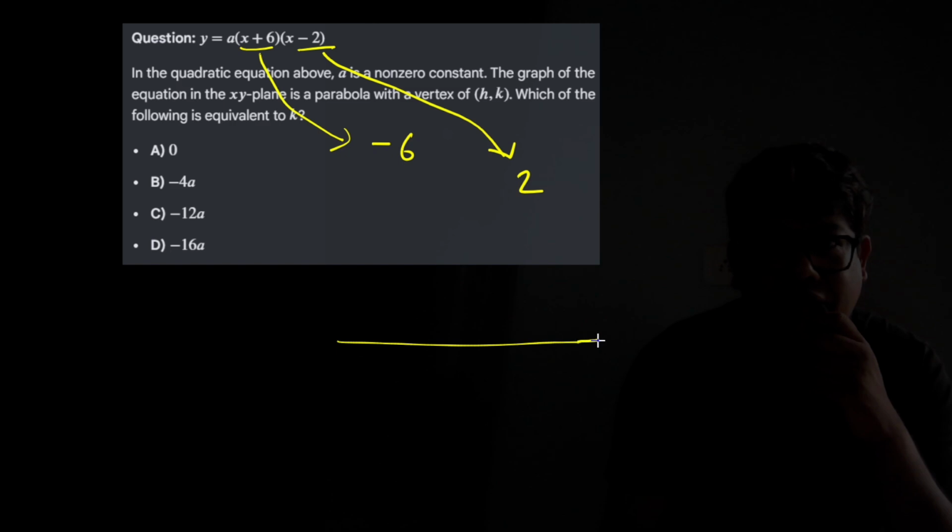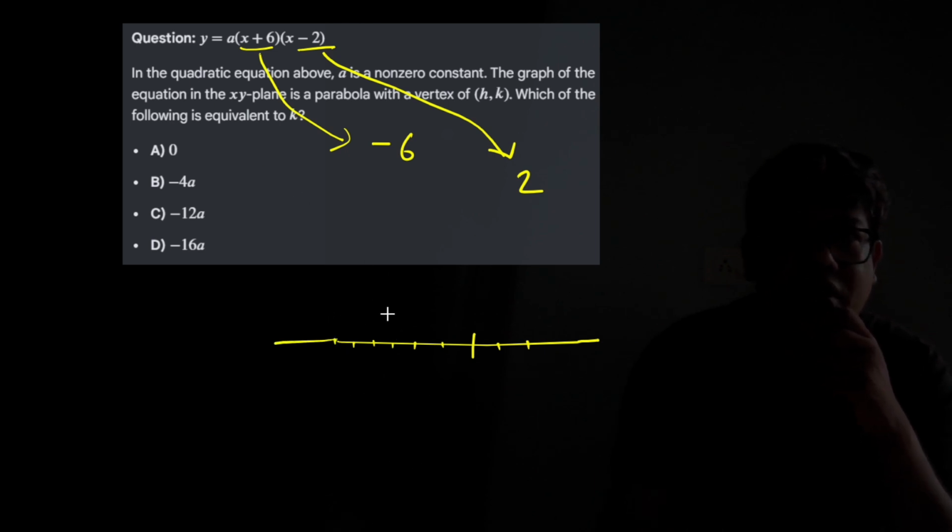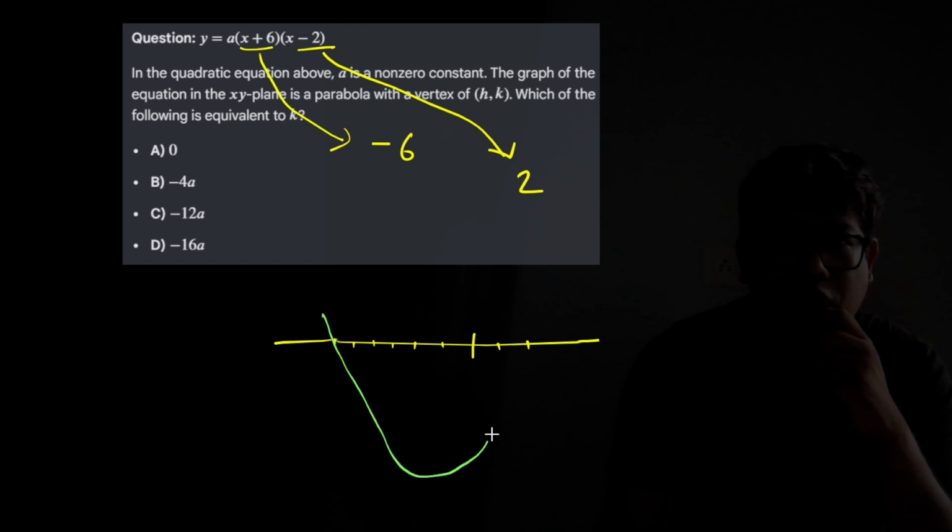If this is the x-axis, and this is the origin, let this be 2 and this be 1, 2, 3, 4, 5, 6. Let us consider this to be 6. So the parabola will be somewhat of this shape. This is going to be 2, this is going to be minus 6.